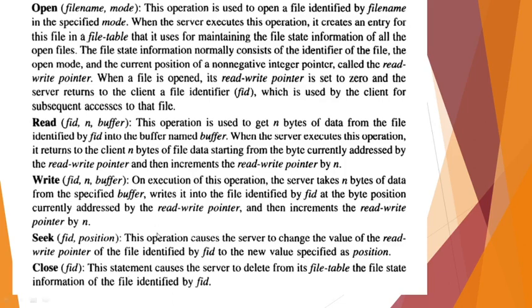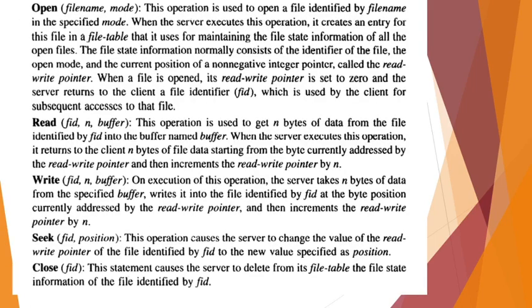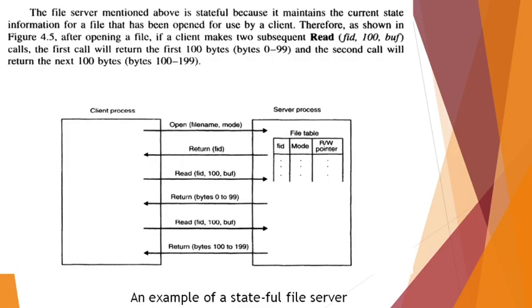And closing the file is another operation; these are some of the operations which we can perform on files. Here, all the operations mentioned for the file server are stateful, because if it were stateless, after opening the file we could not close it.